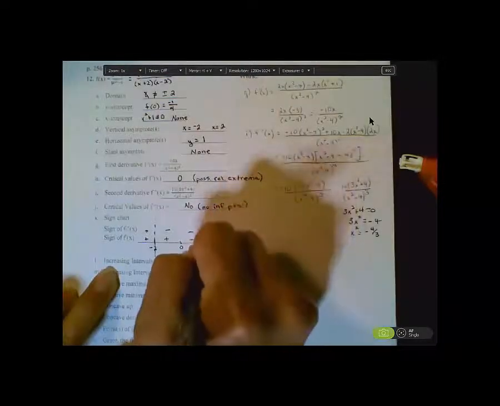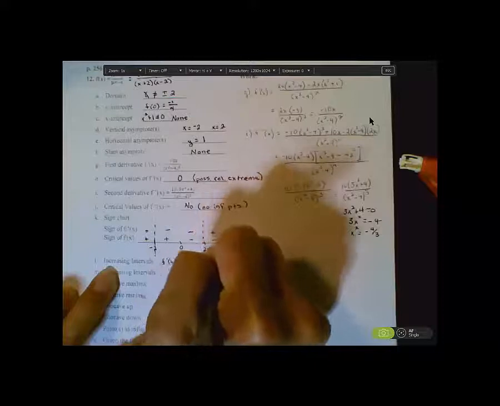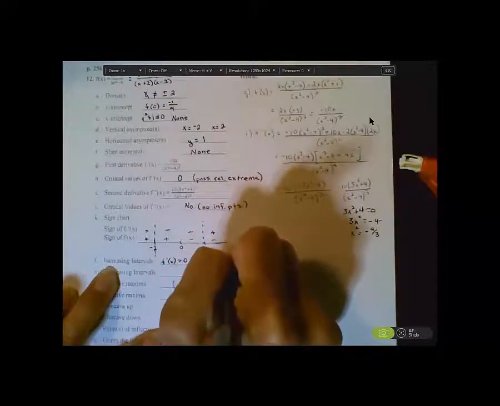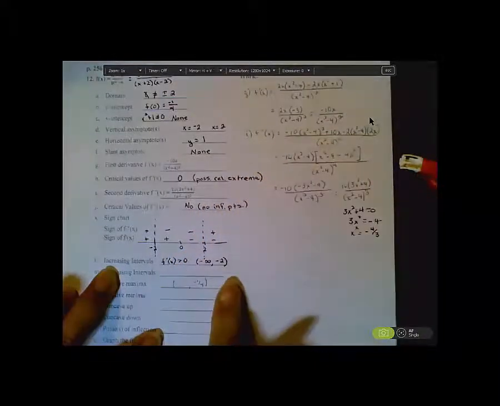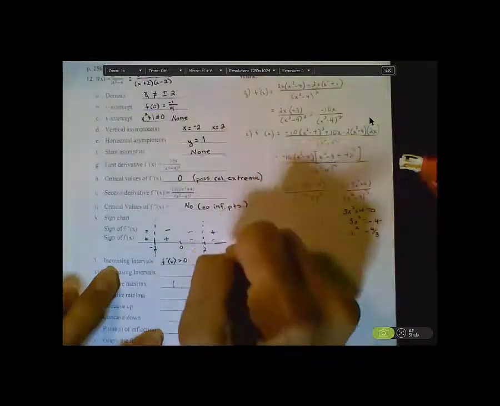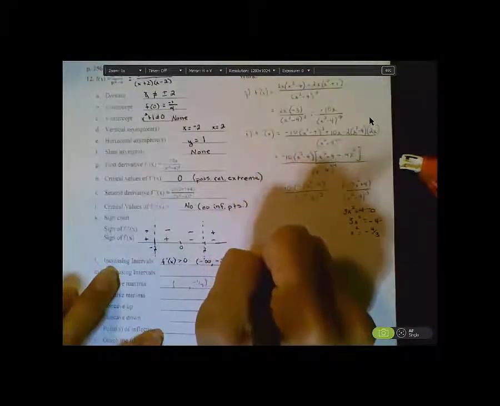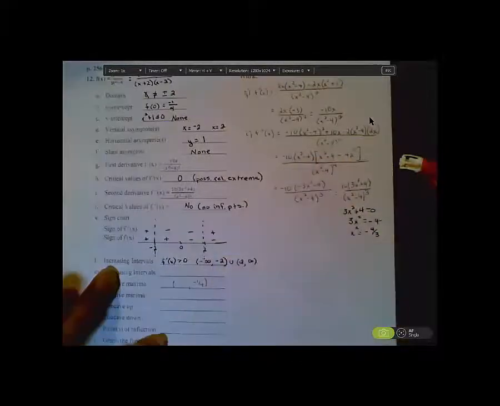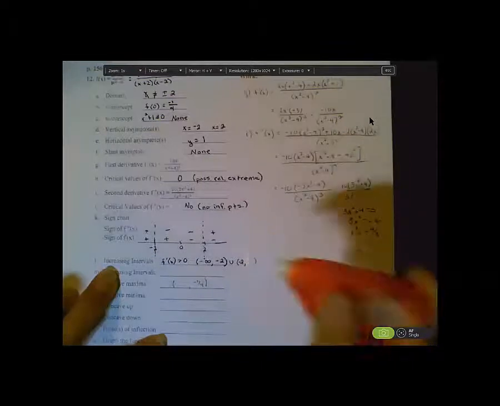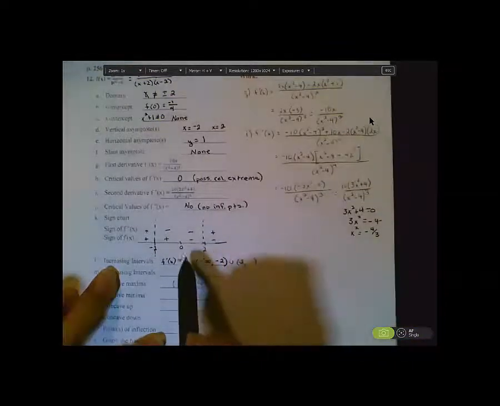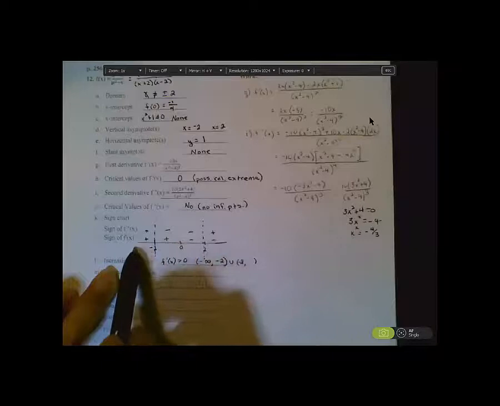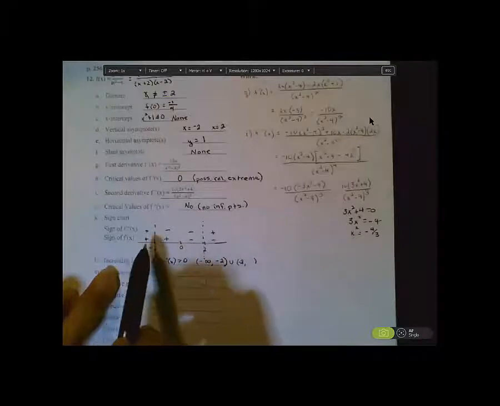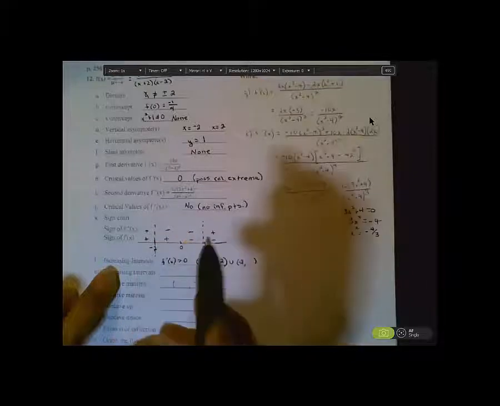I'm going to say from negative infinity up to -2, not including -2, and then from -2 to infinity. Sorry, I don't mean that. I meant the first derivative is positive from negative infinity to -2, and then from -2 up to 0.